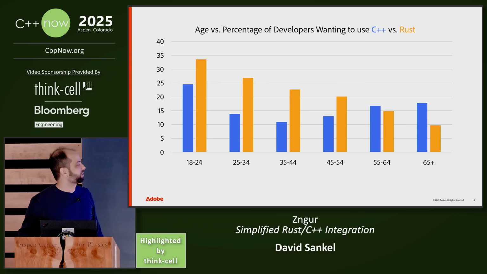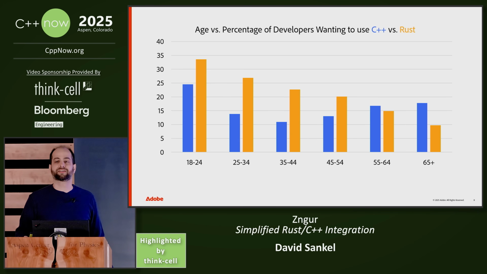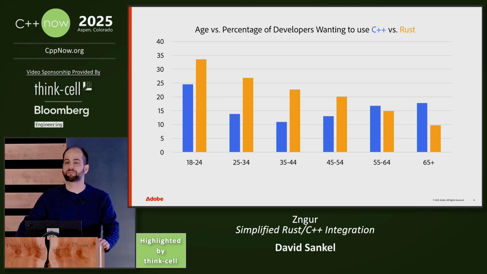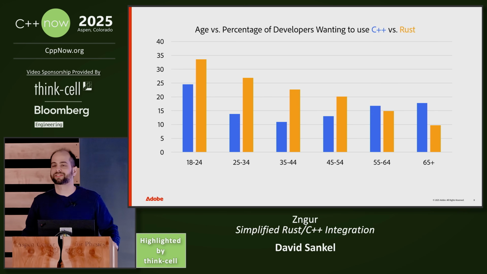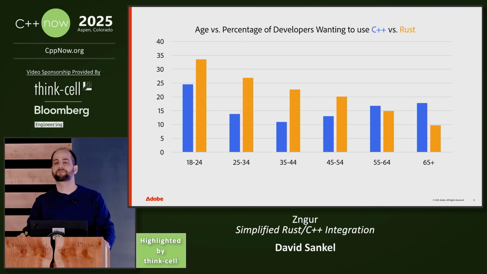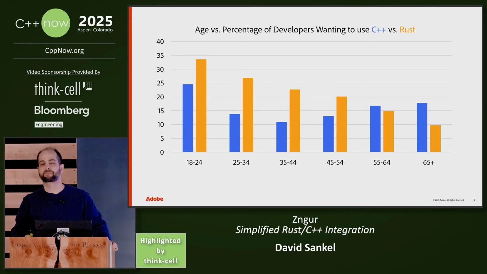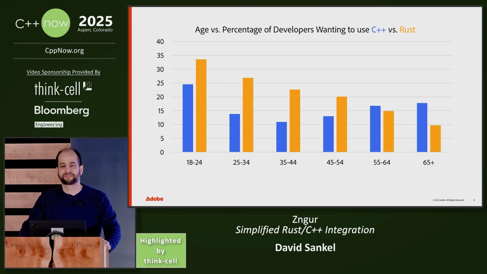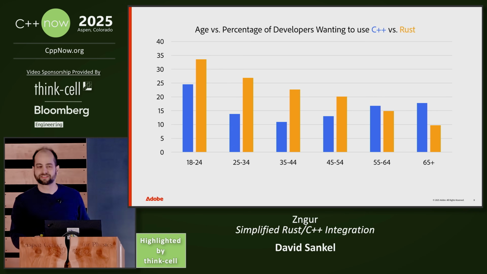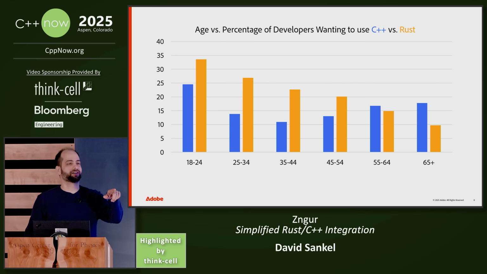I wonder, is there anybody in the room that is younger than 18? You there. What do you think about Rust and C++? I don't have that much interest in learning C++, but I have a lot of interest in learning Rust. Seems pretty cool. Okay, interesting. I saw another hand over here.